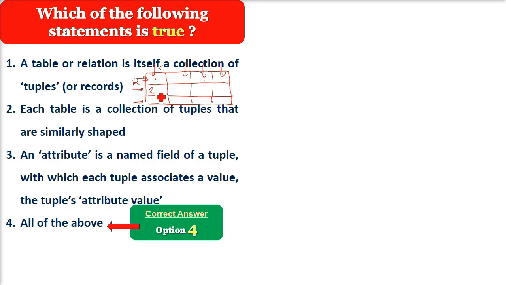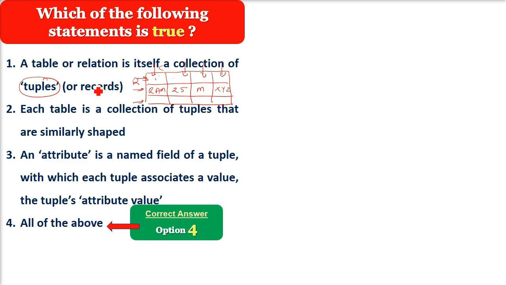Now you say there is a name called Ram. This is a person. What is the age of Ram? Say 25. What is the gender of Ram? Male. And what is the address? Say XYZ. Now this whole horizontal row of 4 blocks is called a tuple or record. What is a tuple?